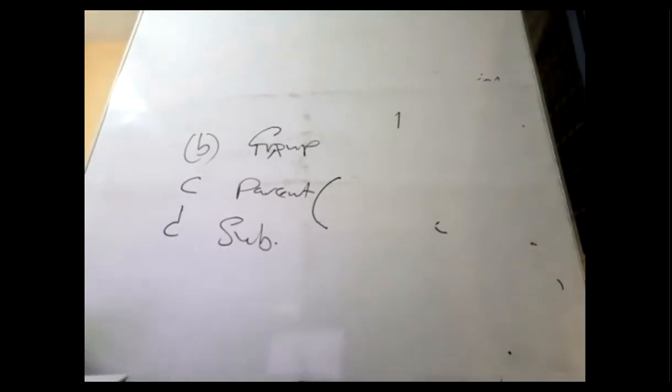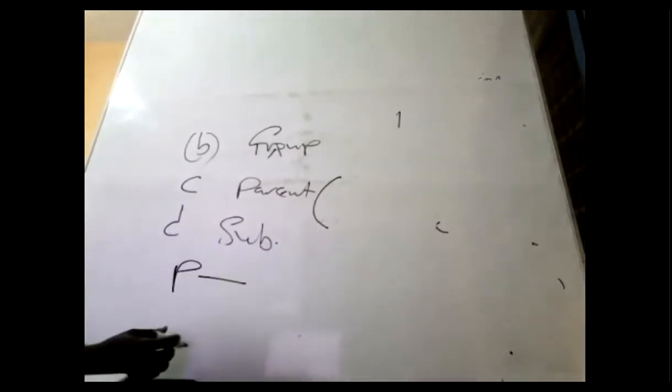So if A controls B, A becomes the parent and B becomes the subsidiary. A subsidiary is an entity that is controlled by another entity. I'm just revising the definition.